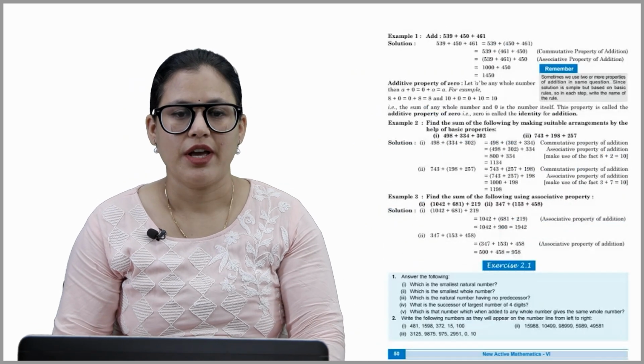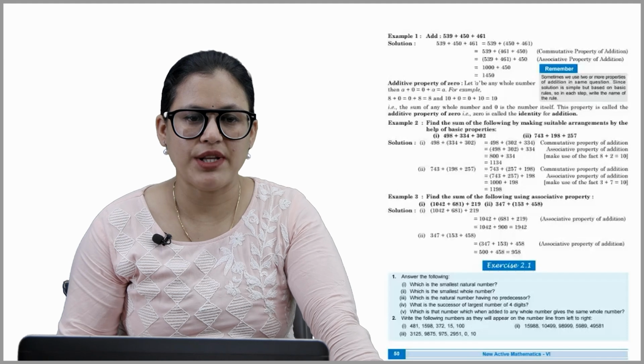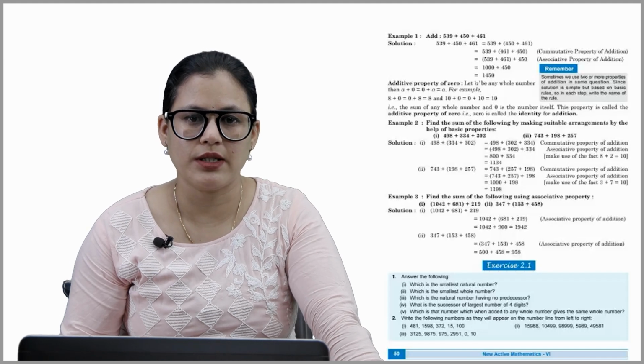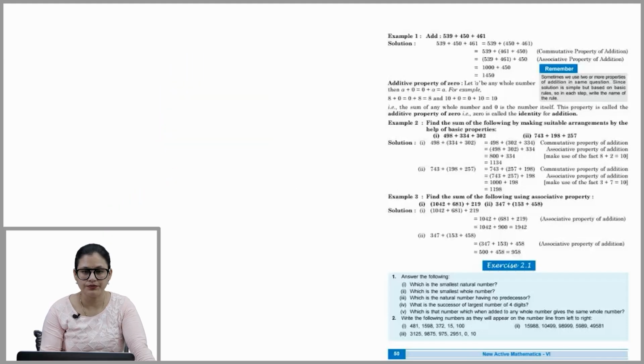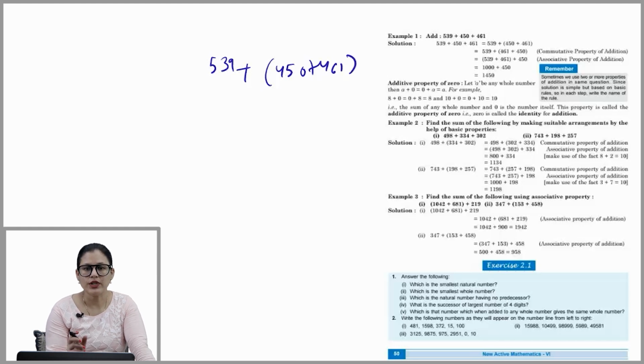Example 1. 531 plus 450 plus 461. Okay, so here what will we do? This is 539 plus 450 plus 461 in bracket. Okay, so this is what?